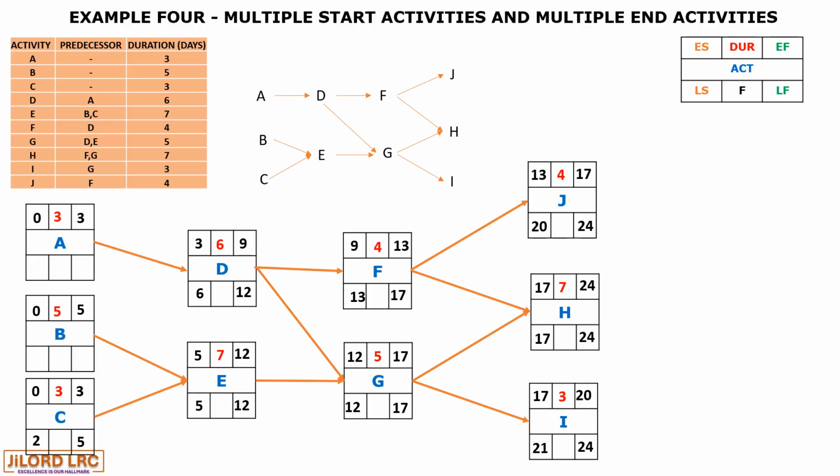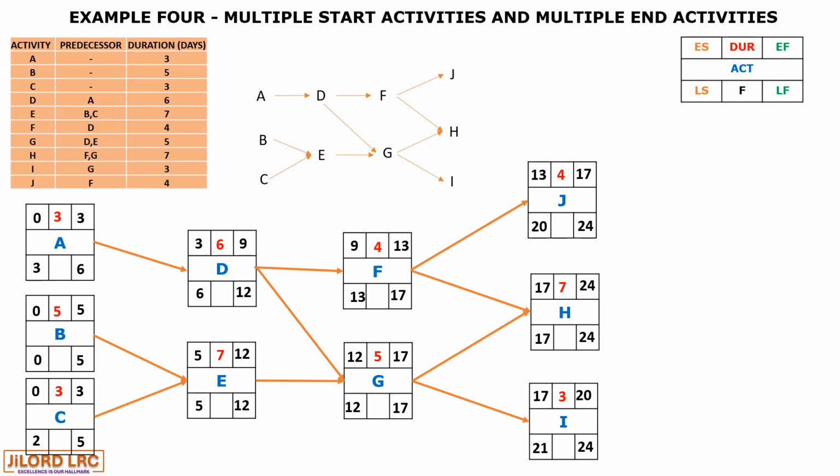So for activity F and activity G, we will have 17, and 17 minus 5 is 12, and then 17 minus 4 is 13.